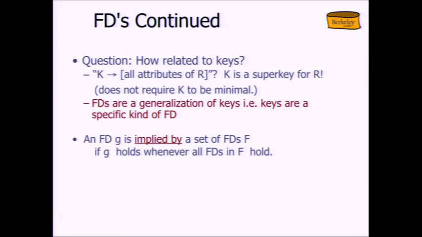And we'll introduce some definitions. A functional dependency G is implied by a set of functional dependencies F if G holds whenever all of the functional dependencies in F hold.